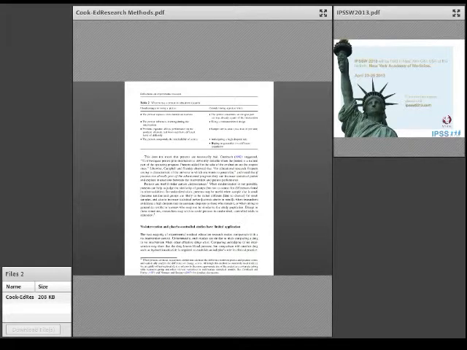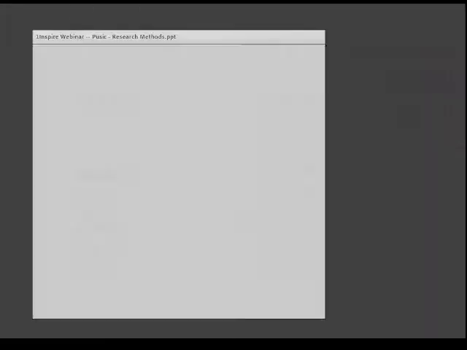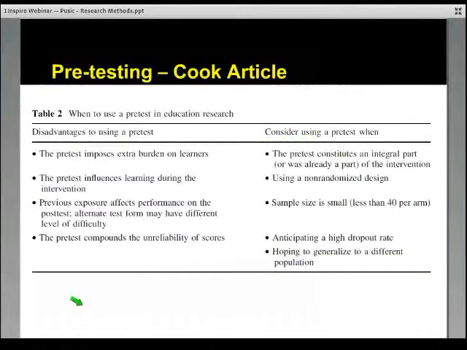And I'll show you the points that he makes in terms of where the positives and the negatives are. In essence, a pretest helps you if you don't have very many people in your study. That's kind of the bottom line. If you're challenged for numbers, a pretest can help you by figuring out whether there is a difference in prior knowledge in your learners, allowing you to factor that in and adjust your estimates of the post-test based on the dissimilarity in prior knowledge.